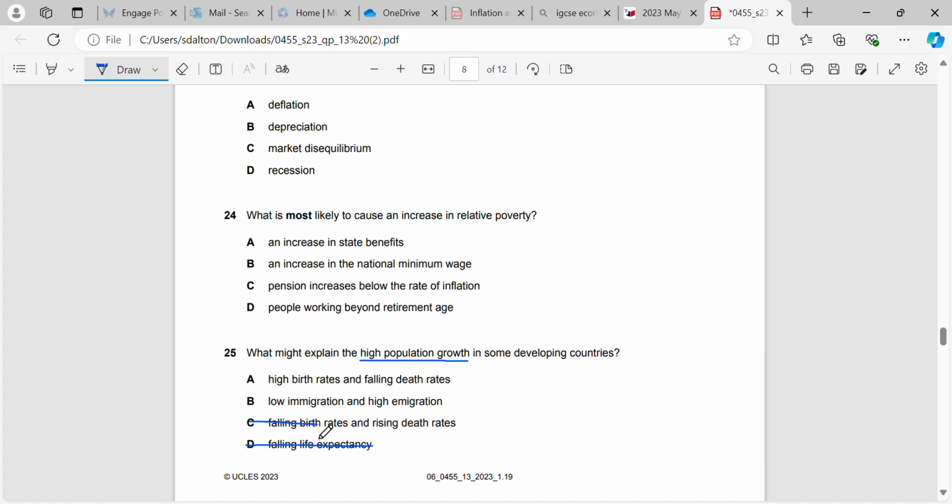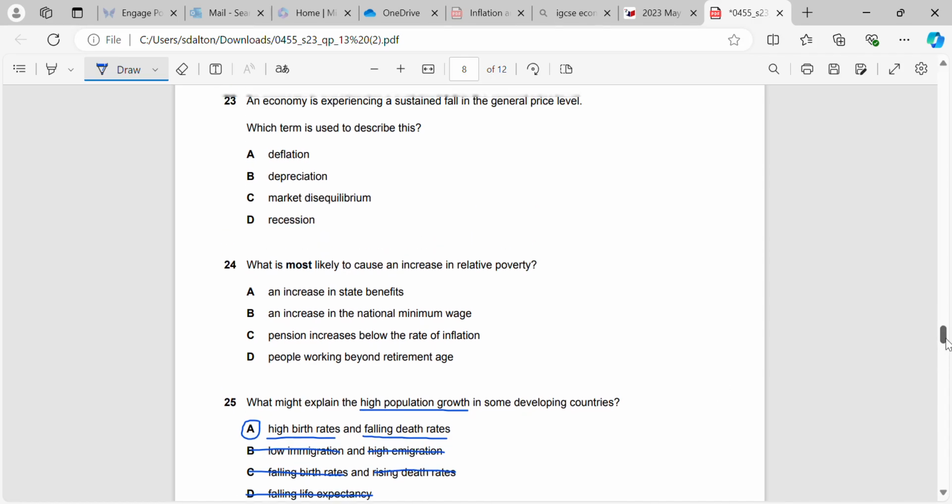If we have less people having babies and more people dying, that's the same. If we have less people coming into the country and more people leaving the country, we would also expect a decline in population growth. However, if we have more children being born through high birth rates and less people dying, we would expect the population of the country to increase.